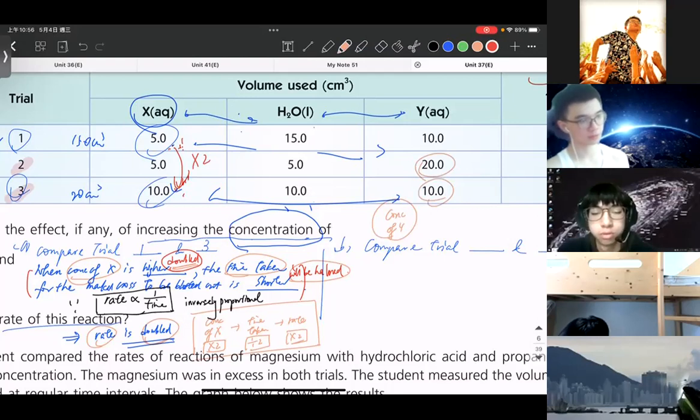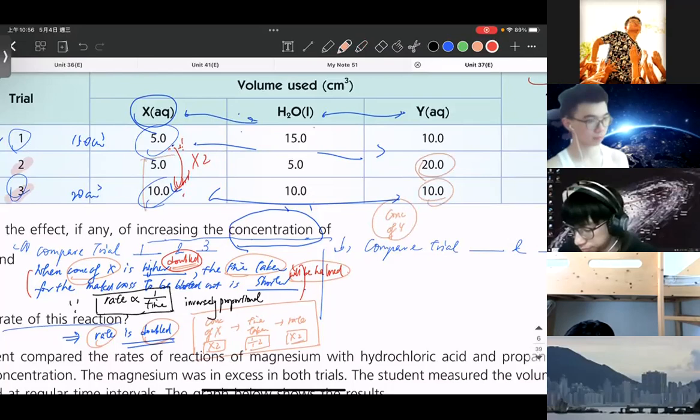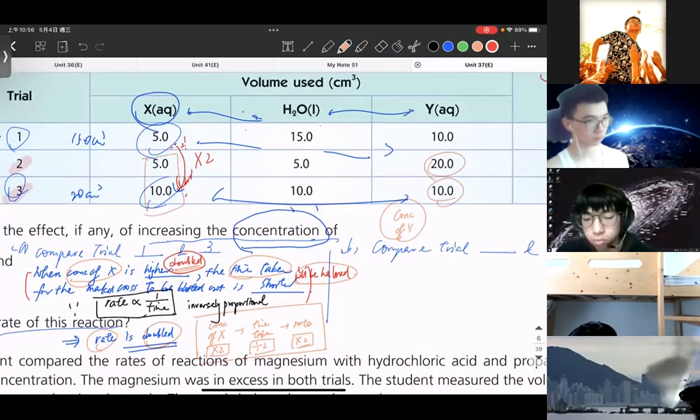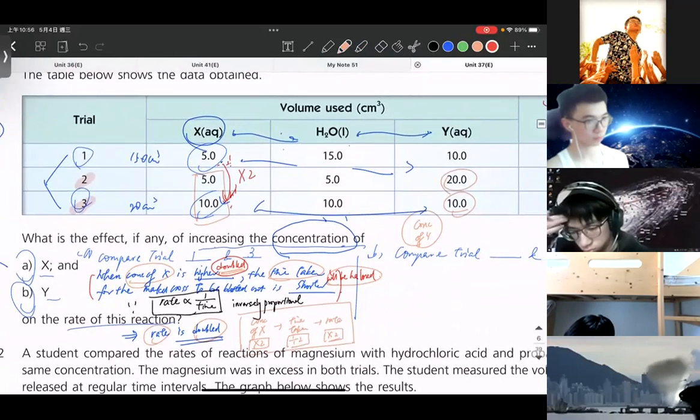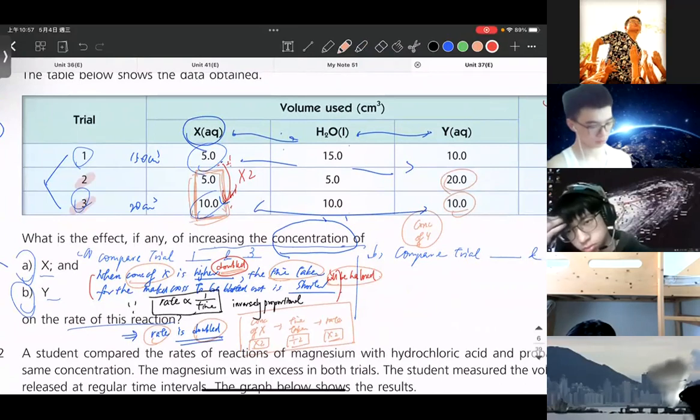They should be changed, or they should be the same? They remain the same. They want to keep it the same, but take a look. How are they talking about the same concentration of X? Trials 2 and 3? Maybe not. 5, is it equal to 10?